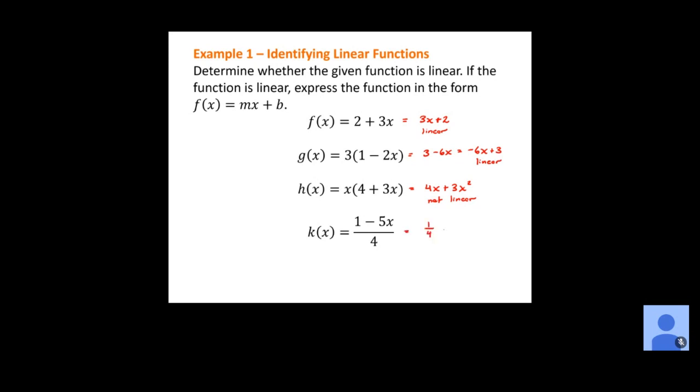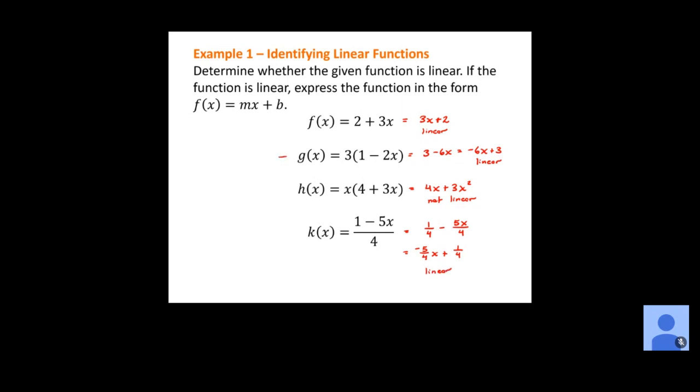We're going to have 1 over 4 minus 5x over 4. Now, looking at that, could I get that into my mx plus b form? Exactly. I can just switch the order like I did before. So that's just going to give us negative 5/4 x, and then plus 1/4. That is mx plus b form, so this one would also be linear.